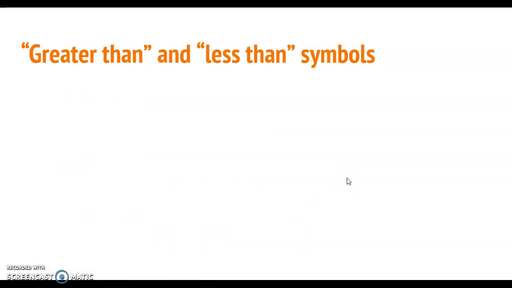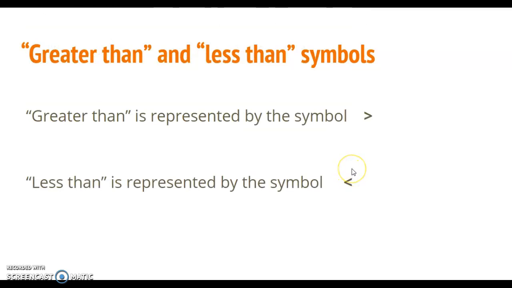Let's talk about the greater than and less than symbols. So we don't just use the terms greater than and less than, but there are symbols we use to represent those terms. Greater than is represented by this symbol right here. Less than is represented by this symbol.